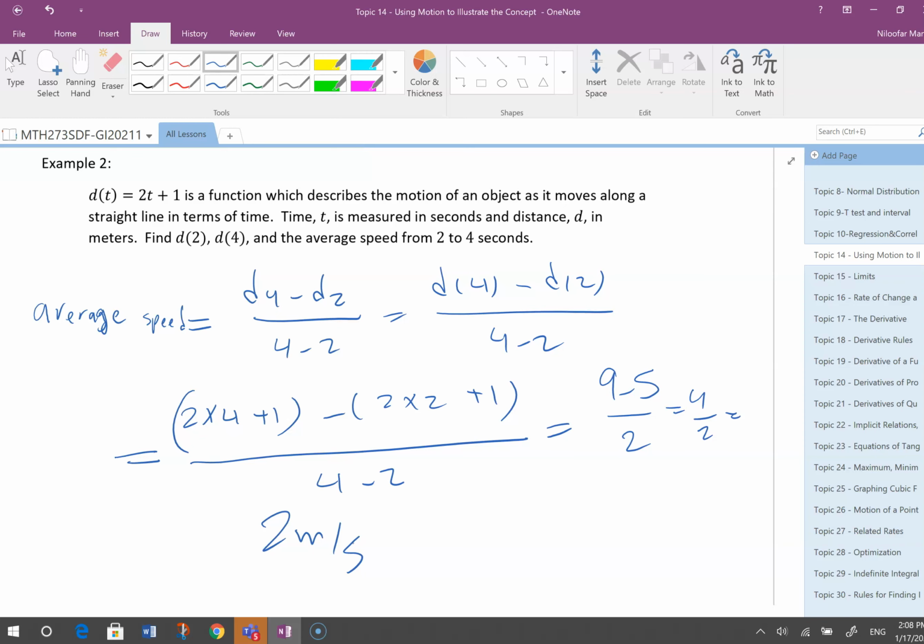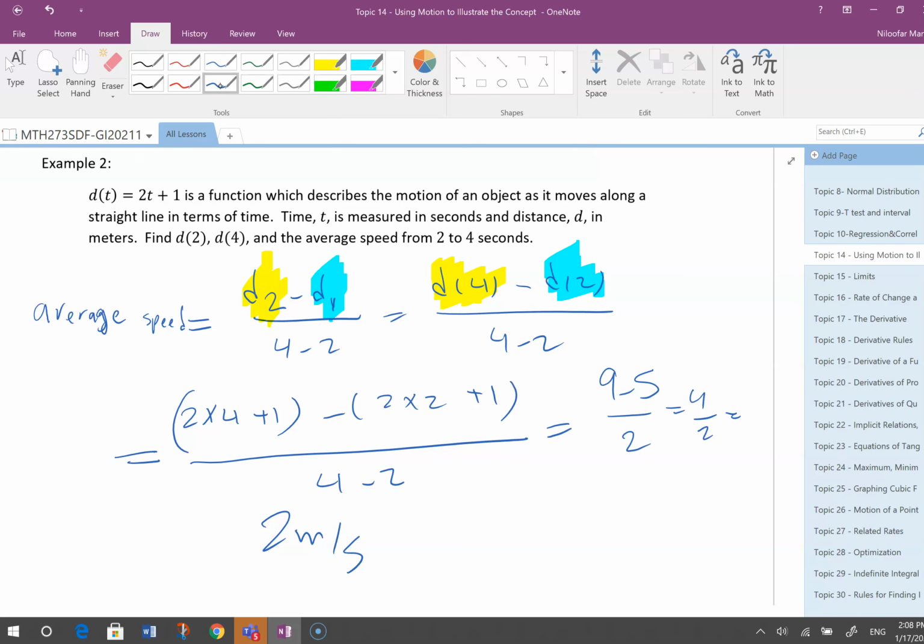So I either have d2, which is the second d, and d1, or I have to calculate it. This is d2, which is d for 4 seconds, and this is d1, which is d for 2 seconds.